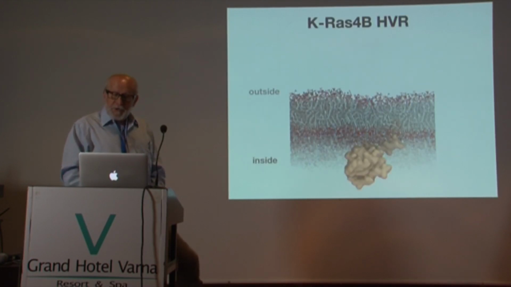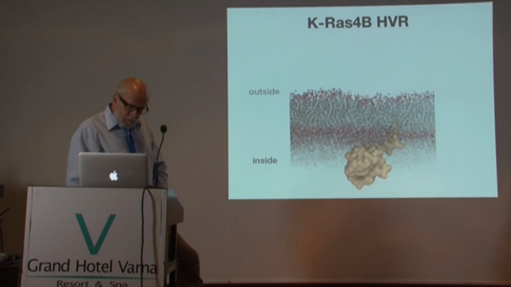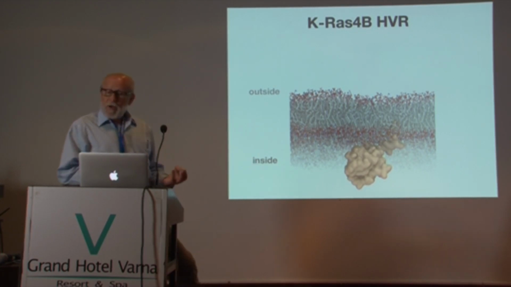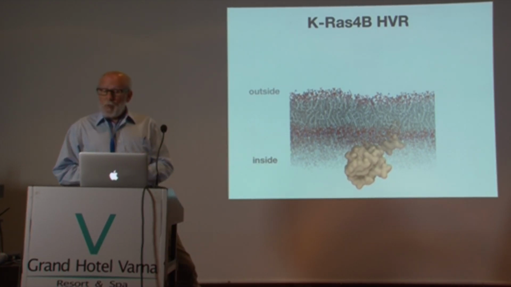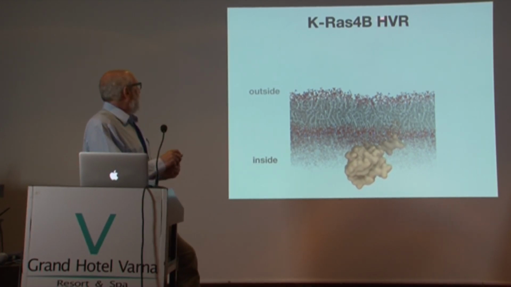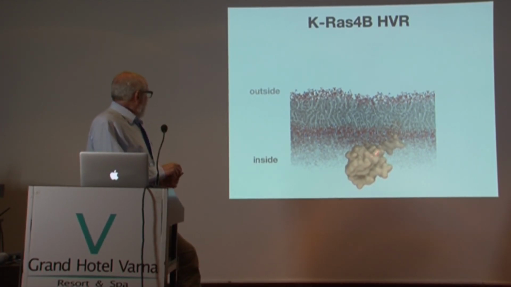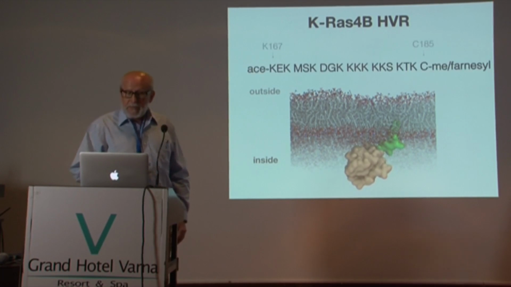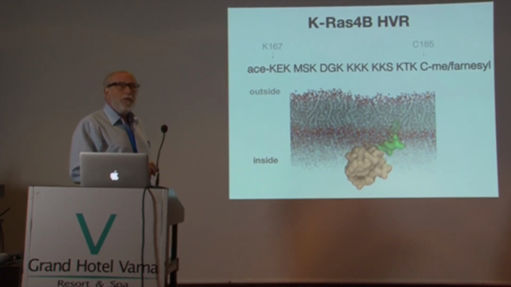So let me show you some of the results that we have. The first one is to describe what the HVR is and what's so particular about the HVR of KRAS-4B. This is the hypervariable domain. As I showed you before, here is the globular domain, the hypervariable domain, and here is the sequence of the hypervariable domain.